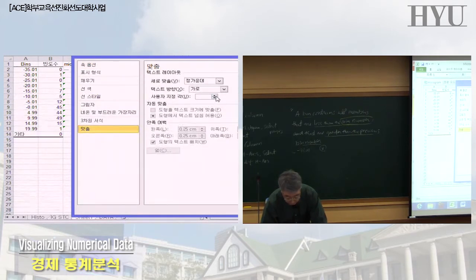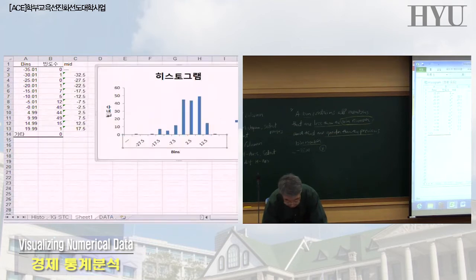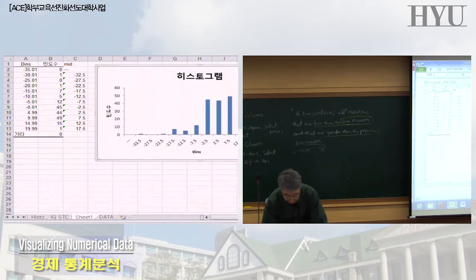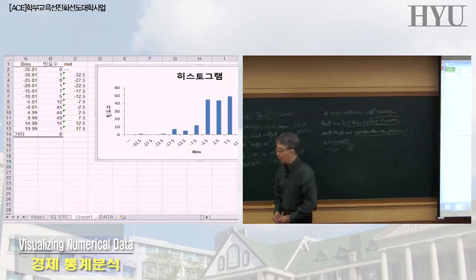Let's say negative 45. I think that will work. Well, it doesn't make it any better here in this case. Well, maybe, yeah, that looks a little better. Okay, so we took care of this one problem.